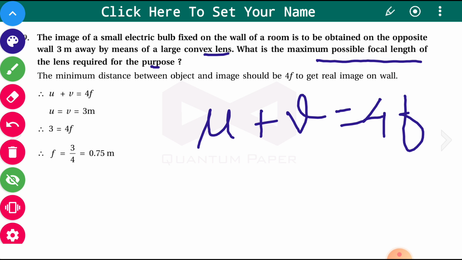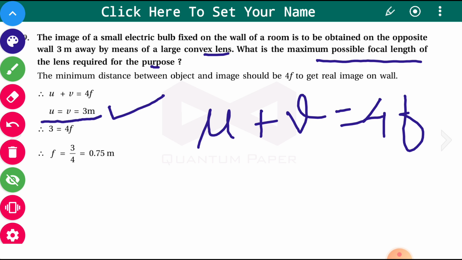So if you take u equal to v, the distance from the lens on both sides will be equal, and it is equal to 3 meter.